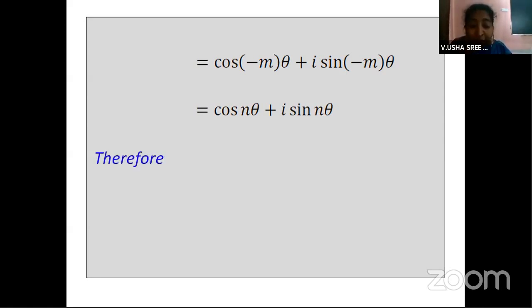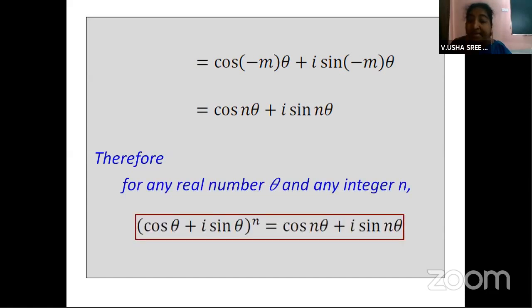Therefore, we conclude that for any real number θ and any integer n, (cos θ plus i sin θ) whole power n is equal to cos nθ plus i sin nθ.